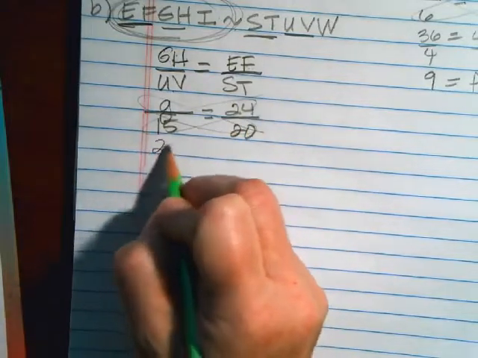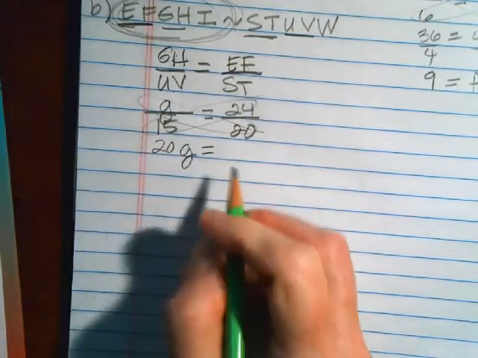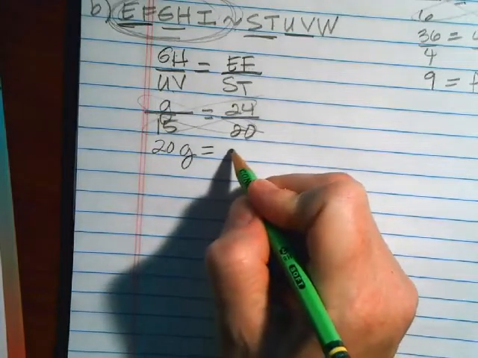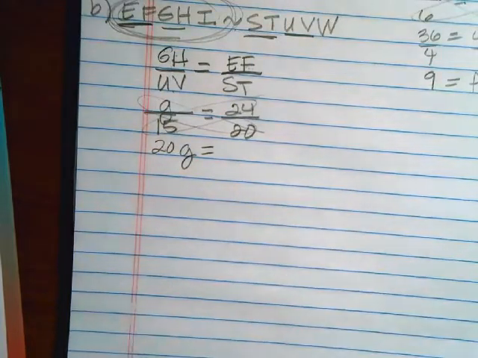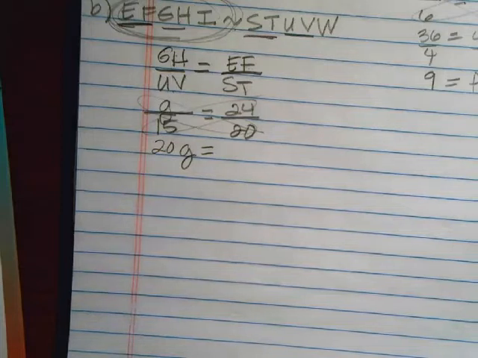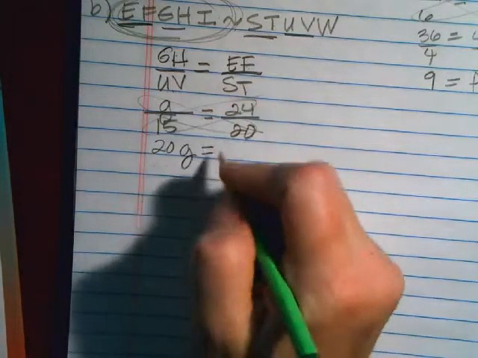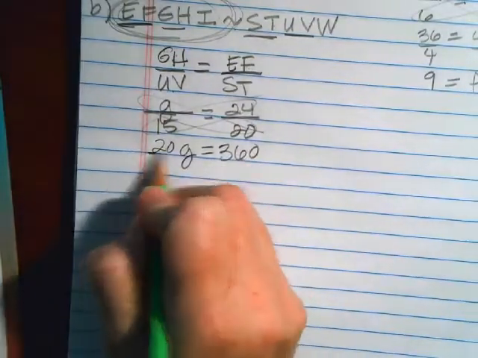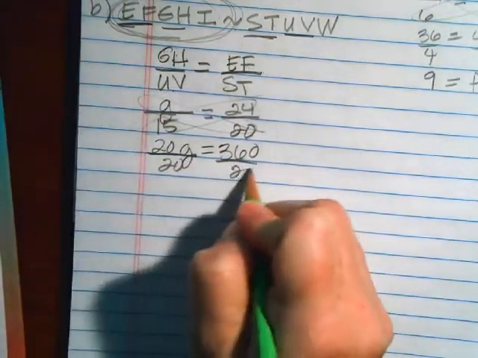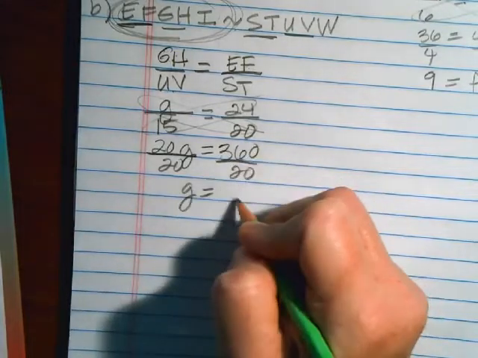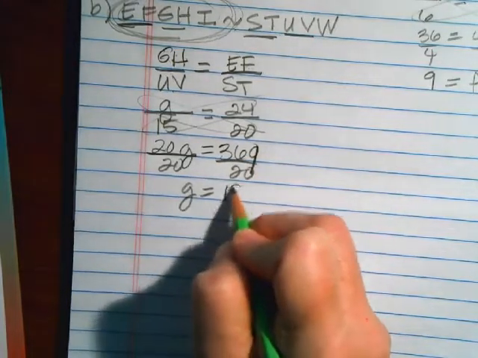That gives me 20G equals, what's 15 times 24? 360. I should know that. Divide both sides by 20. So G equals 18.